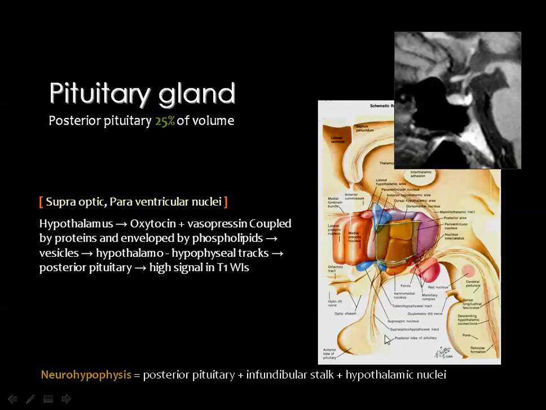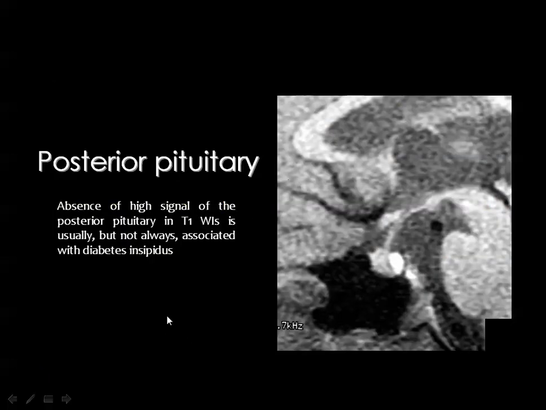The hypothalamus is composed of too many nuclei, which are important in production of some of the hormones. Then they are delivered to the pituitary gland, or control the action of the pituitary gland via the infundibular stalk.